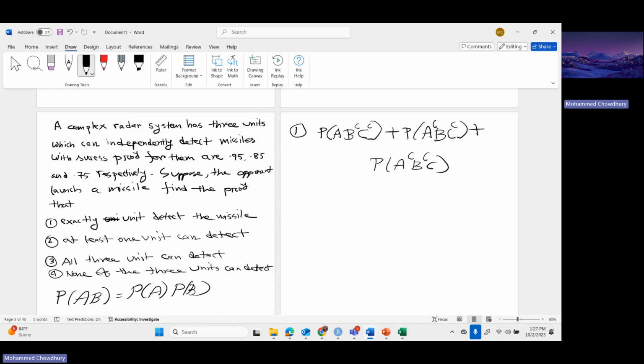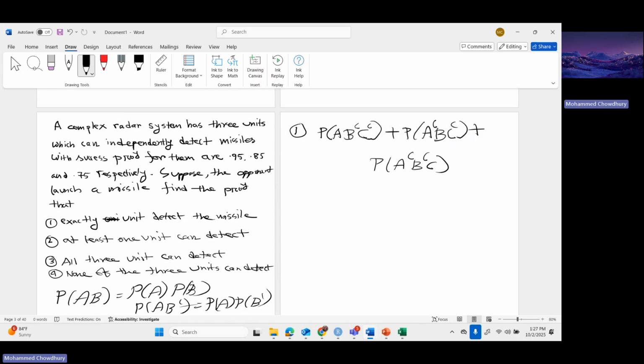So as A and B are independent, A and B complementary are also independent. So this is equal to probability of A times probability of B complement. Clear?